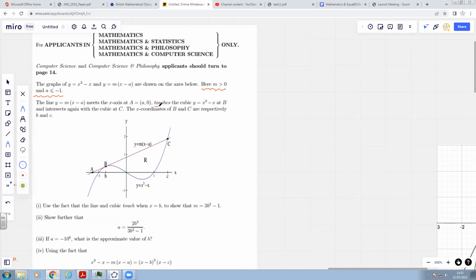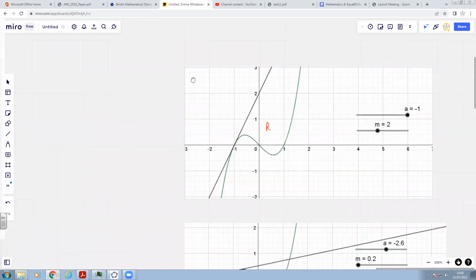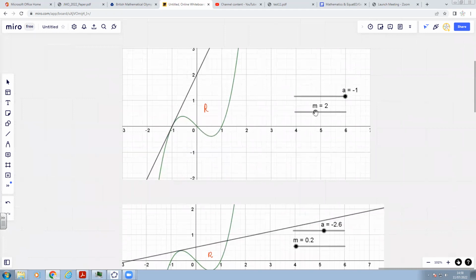Now, our straight line is going to be touching the cubic. Well, that really narrows down what's going on here. It constrains and restricts a lot of the scenarios, because straight away I'm thinking, and I've drawn a few graphs on GeoGebra here, we could have m getting very, very large, in which case a, which has to be less than minus 1, m controls the gradient.